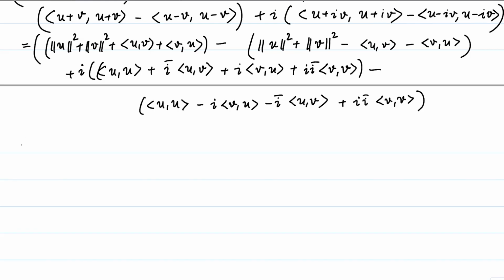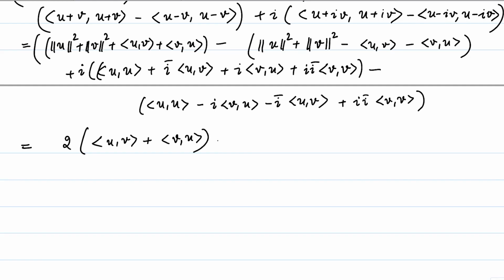So the first term is easy. First term will be u square, length of u square and length of v square cancels off. This is just going to be 2 times the inner product of u comma v plus the inner product of v comma u. And now let's focus on the second term.